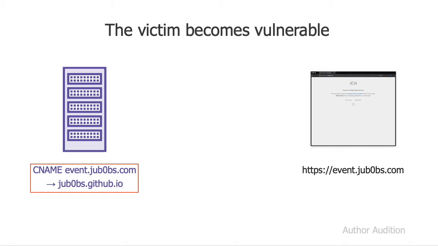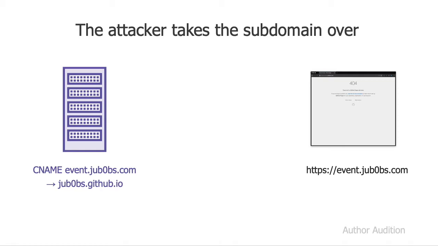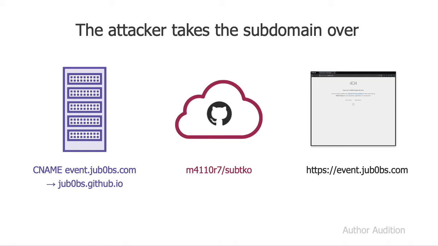The subdomain is now vulnerable to takeover, which Mallory, the attacker, notices. After deploying her malicious site to GitHub Pages, she's able to claim the hostname for herself on the platform and associate it to her own site. From then on, she controls the content served by event.jubobs.com.